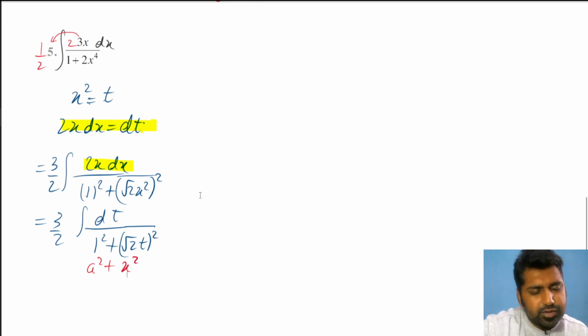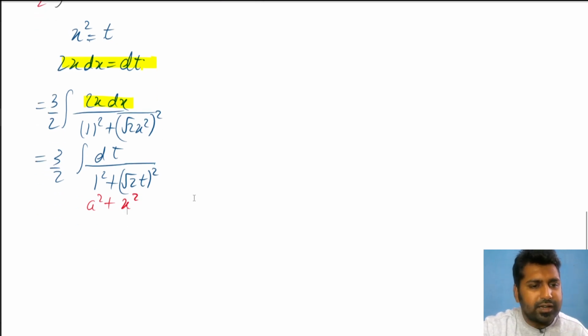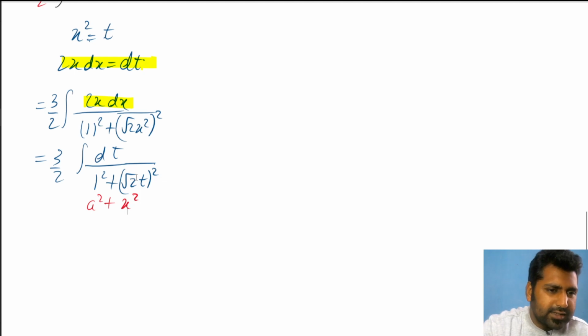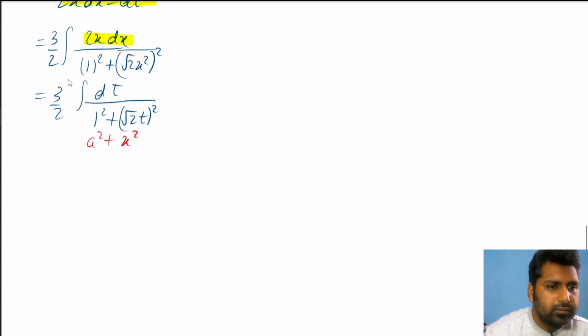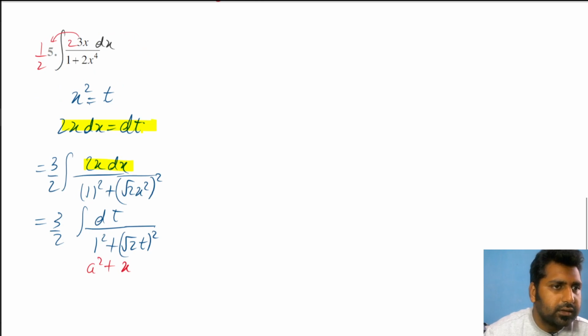The confusion is always regarding whether log will come or tan will come or sine will come. So if there is no square root, for plus it is tan inverse, for negative it's sine inverse, a square minus x square. All right, one second. I'll write this as capital X, otherwise it will create confusion.